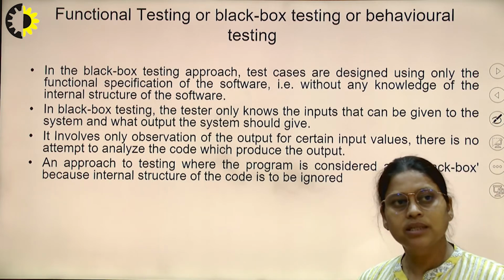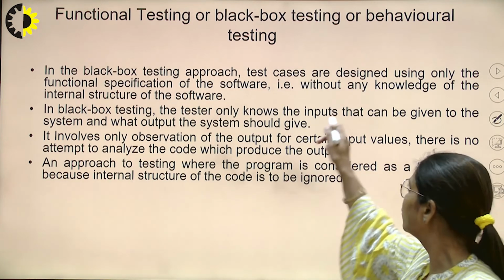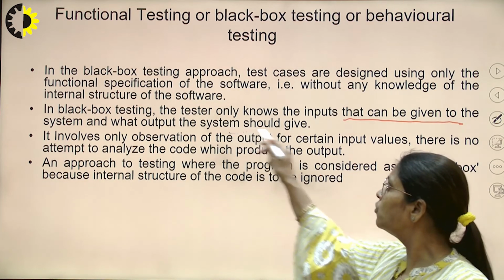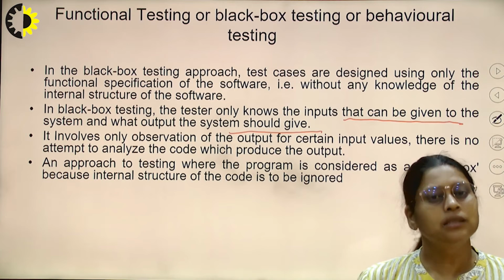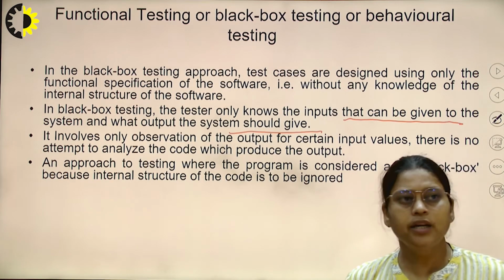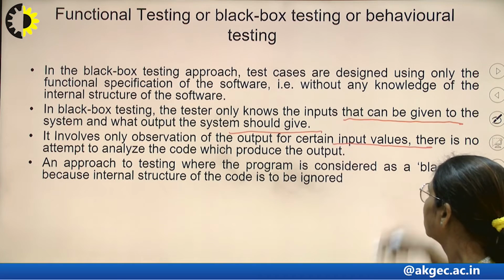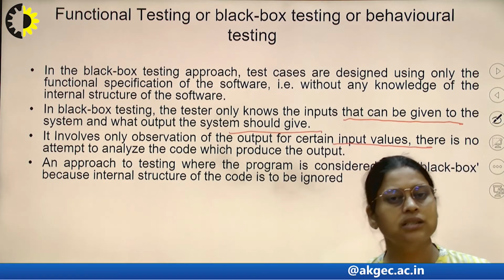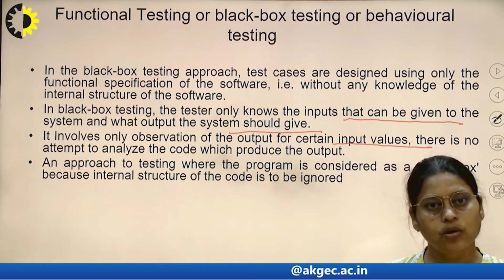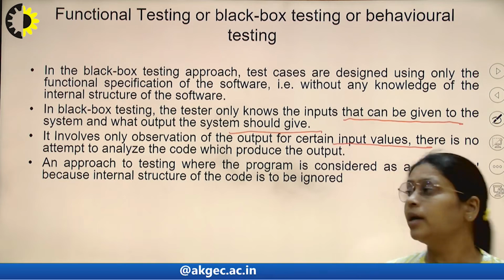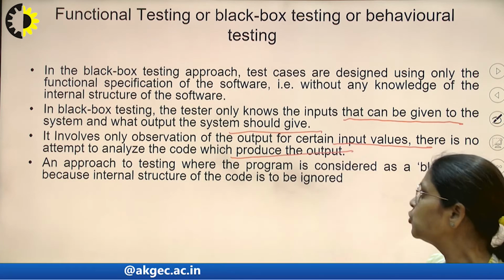In black box testing, the tester only knows the input value that can be given into the system and the output which is received from the system. It involves only the observation of the output for certain input values, and there is no attempt to analyze the code which produces the output.